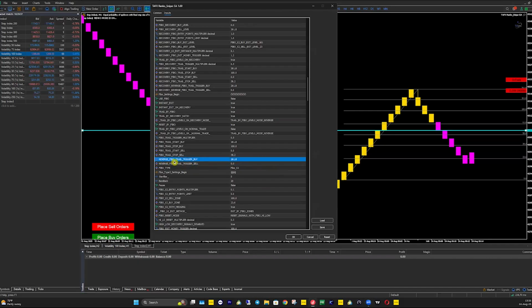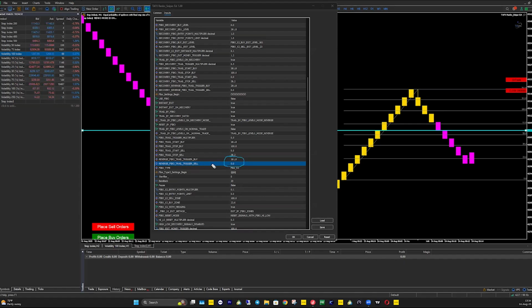We have reverse Fibonacci trailing trigger buy, and we have reverse Fibonacci trailing trigger sell. I want you to understand about this level. In order for you to understand what we are going to set up here, you must understand what these trailing trigger buy and trailing trigger sell are. These ones are the levels, all right?